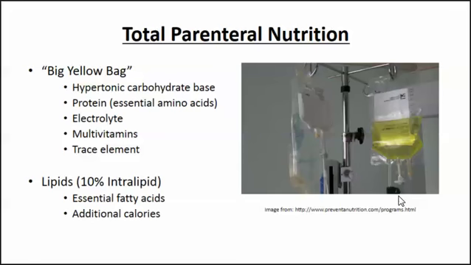In addition to that, there's frequently lipids that hang alongside or are given over a shorter period of time instead of continuously. The lipids can be given over a several hour span. It's usually 10% Intralipid. The same thing we use for local anesthetic toxicity.